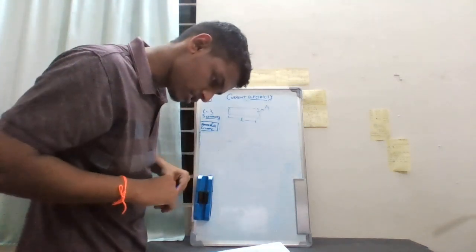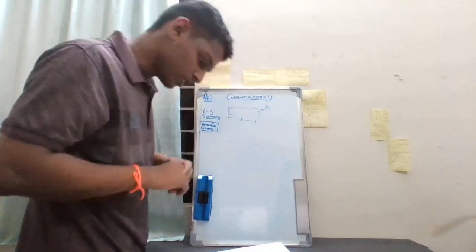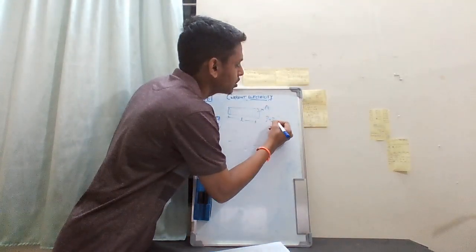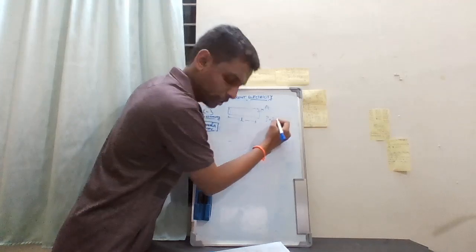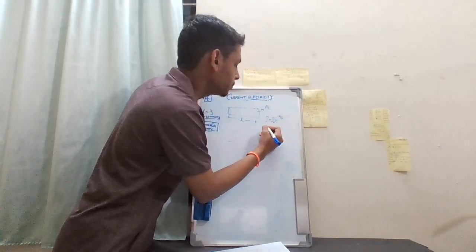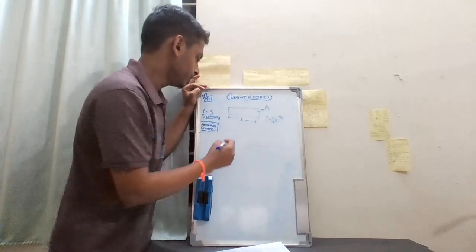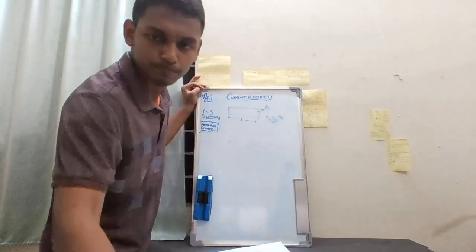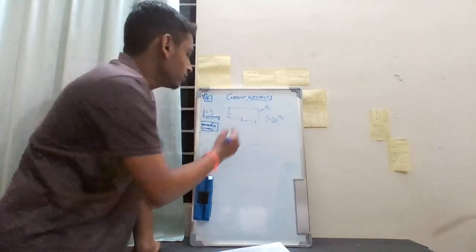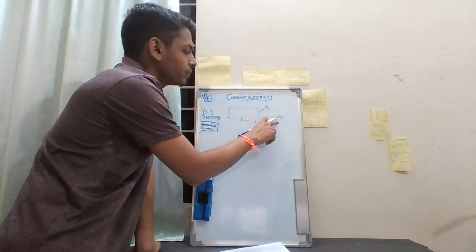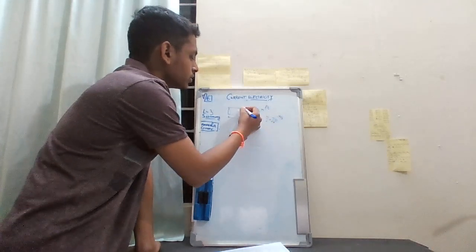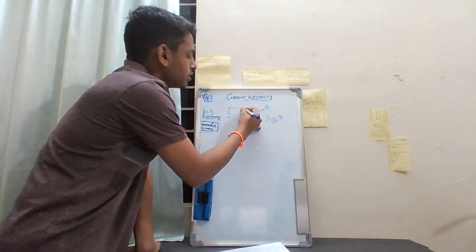It changes by rho equals rho naught e power minus x by L. Here, as the value of rho is changing with length, we'll just consider one small cut.